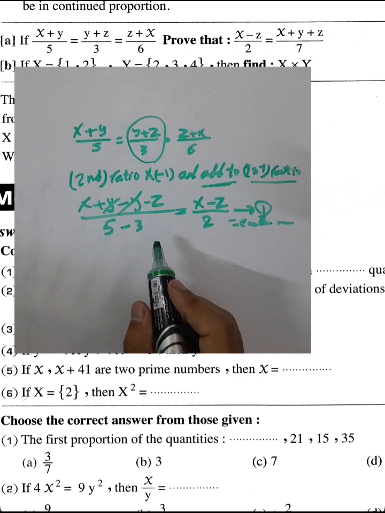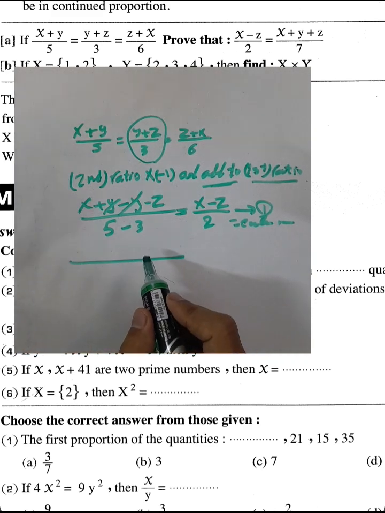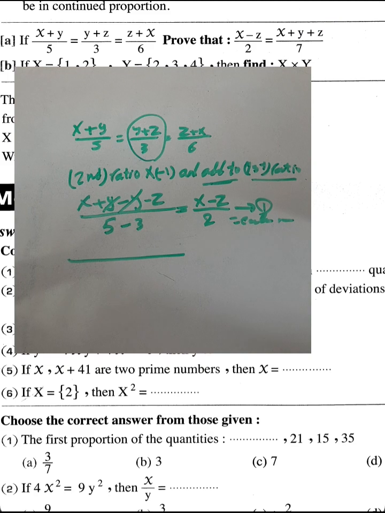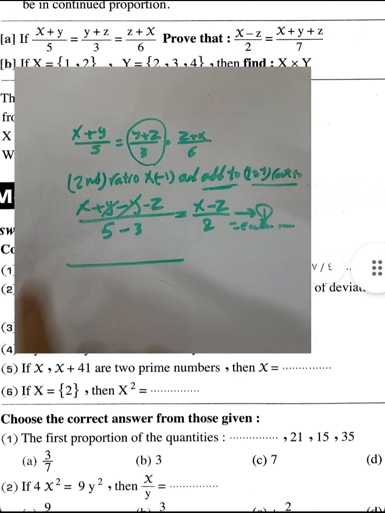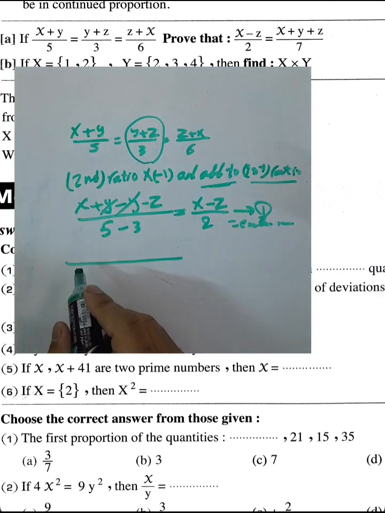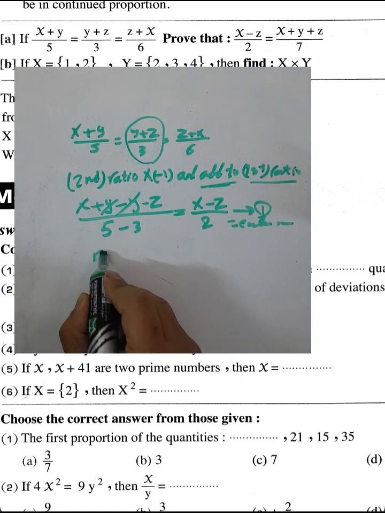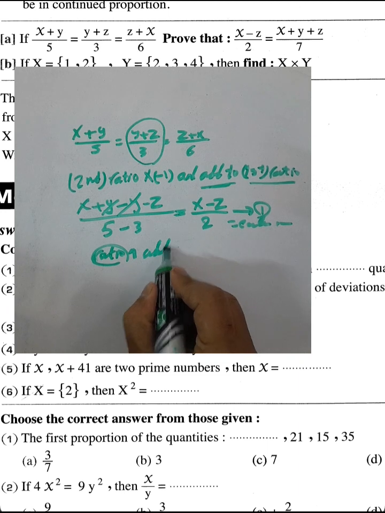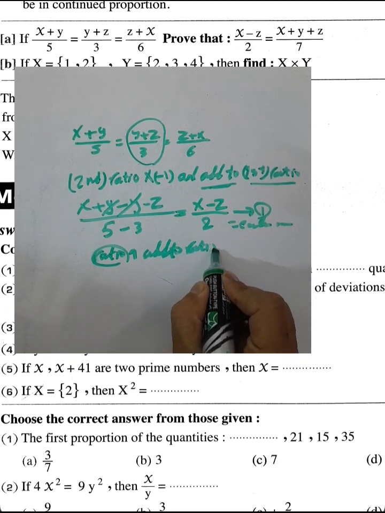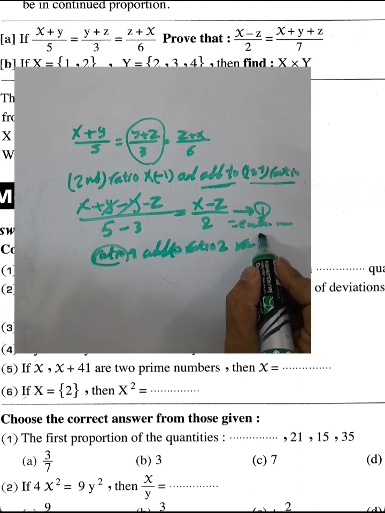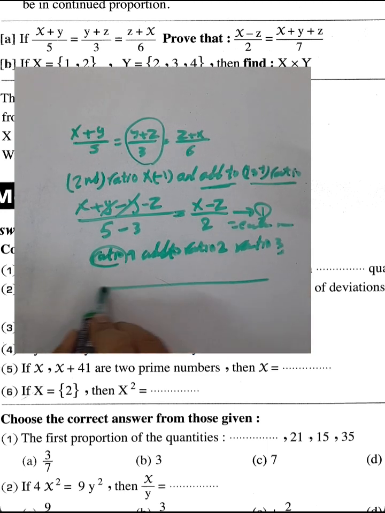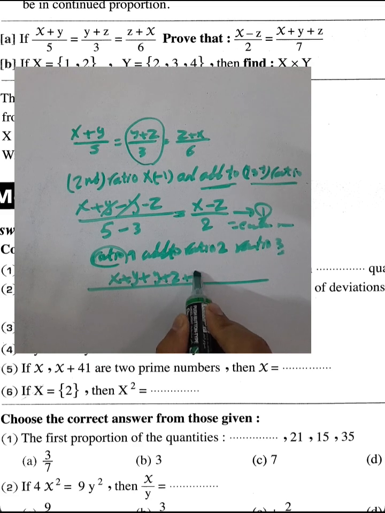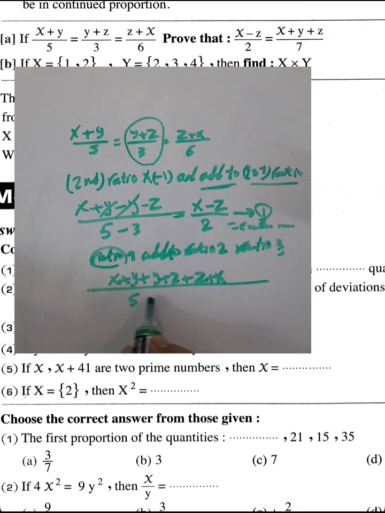Okay, and then next step, we want to find x plus y plus z. We can find x plus y plus z by adding numerator to numerator and denominator to denominator. You can add ratio number 1, add to ratio number 2, add to ratio number 3. You can add them: x plus y plus y plus z plus z plus x over 5 plus 3 plus 6.